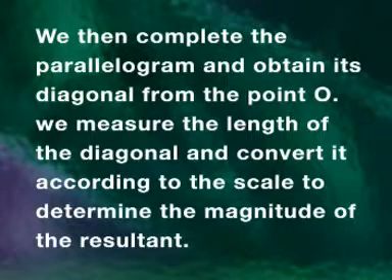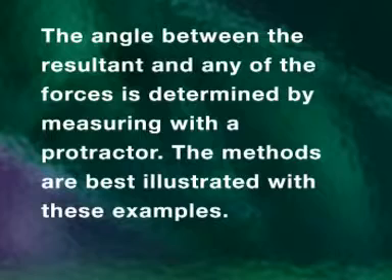We then complete the parallelogram and obtain its diagonal from the point O. We measure the length of the diagonal and convert it according to the scale to determine the magnitude of the resultant. The angle between the resultant and any of the forces is determined by measuring with a protractor.